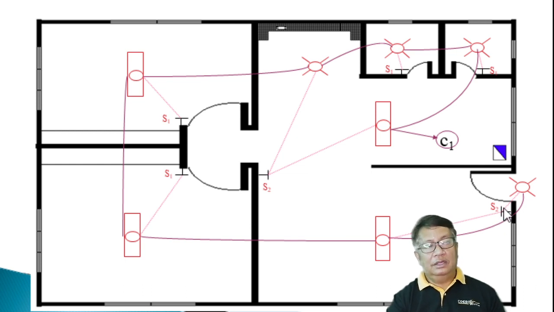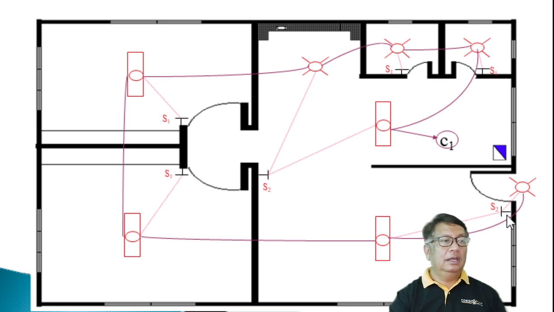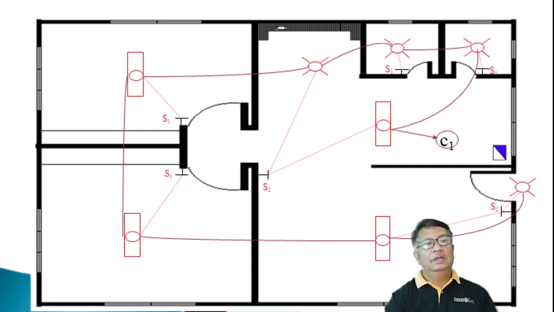Okay, so do not place your switches at the back of the door, because it's hard to switch on our lamps if it is at the back of your doors. That is the reason why, as I've said a while ago, that we should know the direction or the opening of your doors.